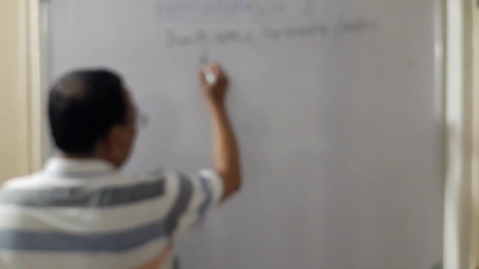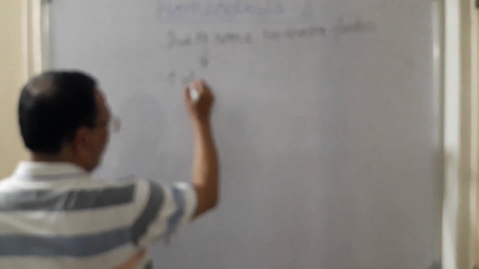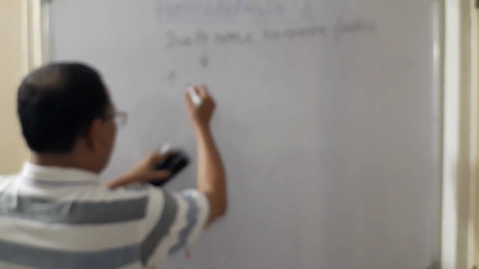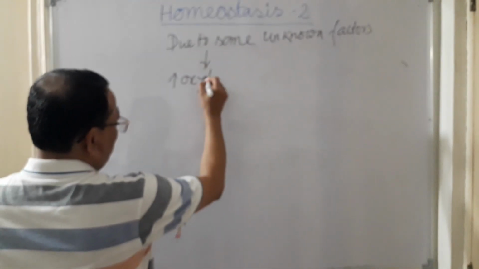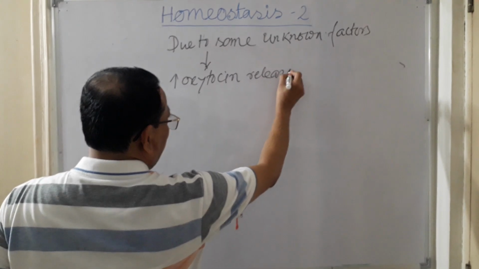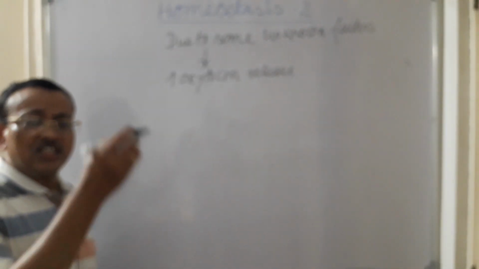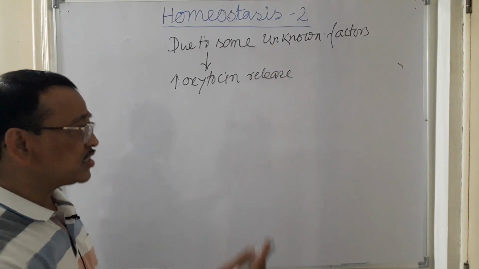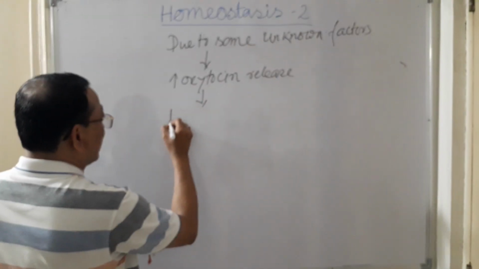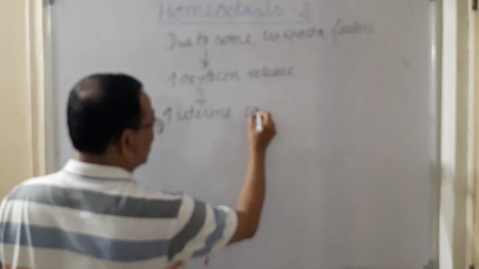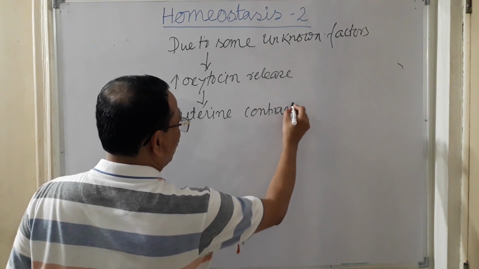There is a rise of the oxytocin release by the maternal posterior pituitary. This oxytocin enters into the blood, is circulated through the blood, and ultimately comes to the mother's uterus, and that results in a rise of the uterine contractions. Contractions of the uterus are increased because of the oxytocin effect.